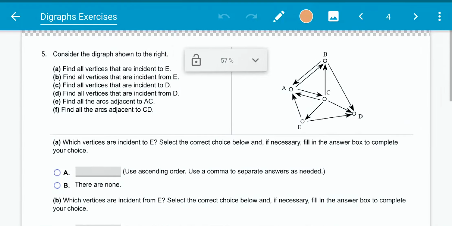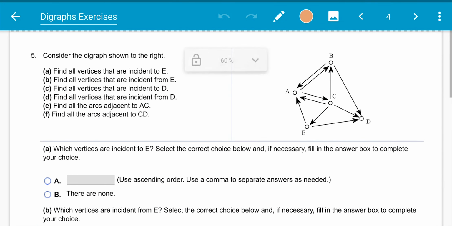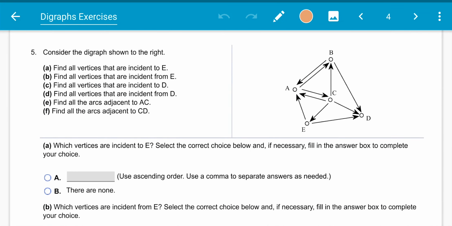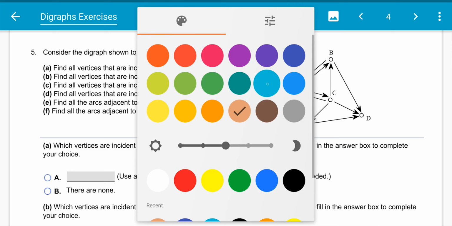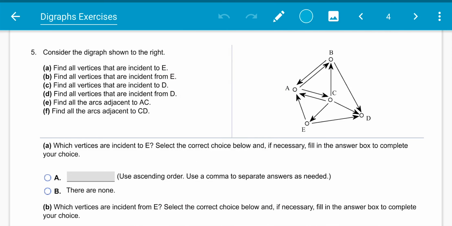All right, now let's look at this last one. Consider the digraph shown to the right. Find all vertices that are incident to, incident from. These are pretty much the same thing as saying in degree and out degree, but it's a little bit different terminology. So we don't really care about this word that says incident. We can just look at to and from.